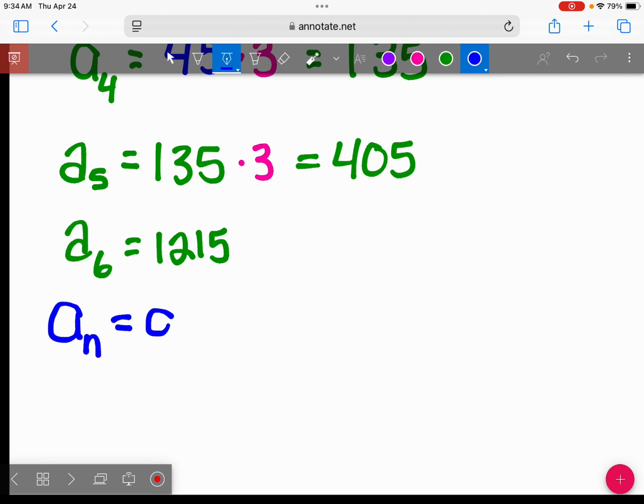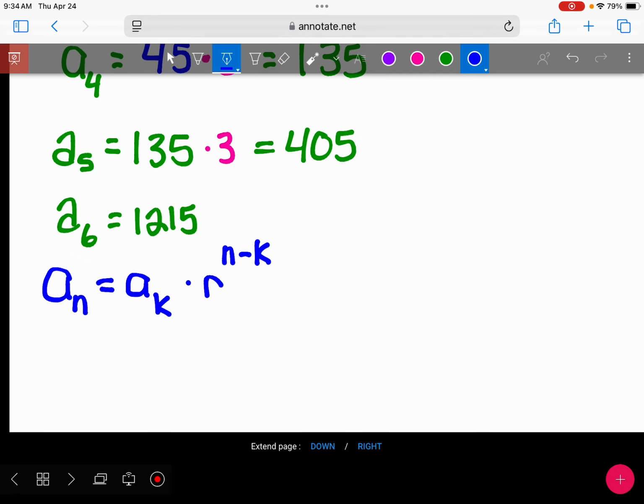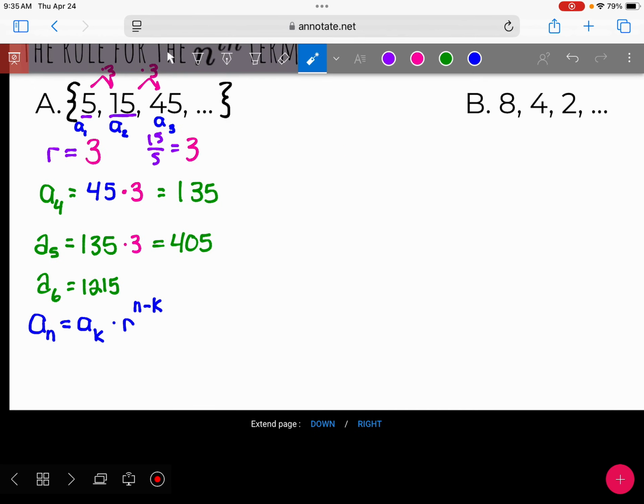That's when we have our a sub k times r to the n minus k. Here r is 3. You can pick any of the terms we know to use as your a sub k. You could use the first, you could use the third, you could use the sixth. It genuinely does not matter.